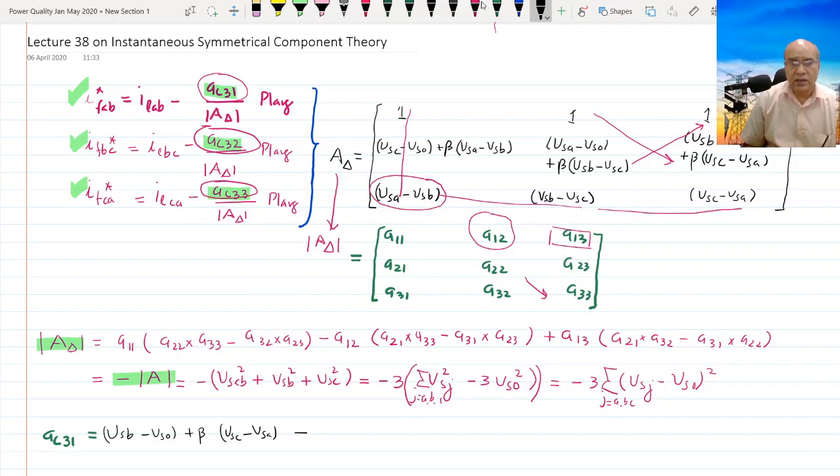So Bsa minus Bsc, Bsa minus Bs0, plus beta into Bsb minus Bsc, close the bracket.